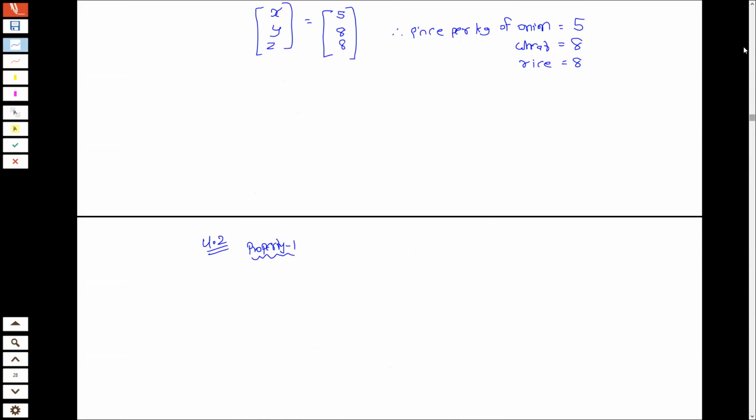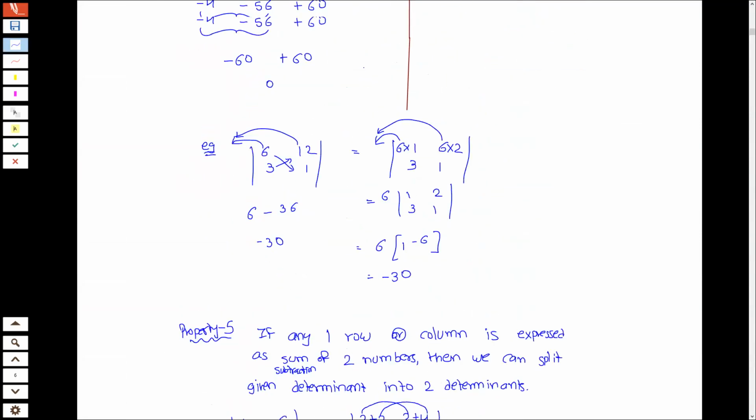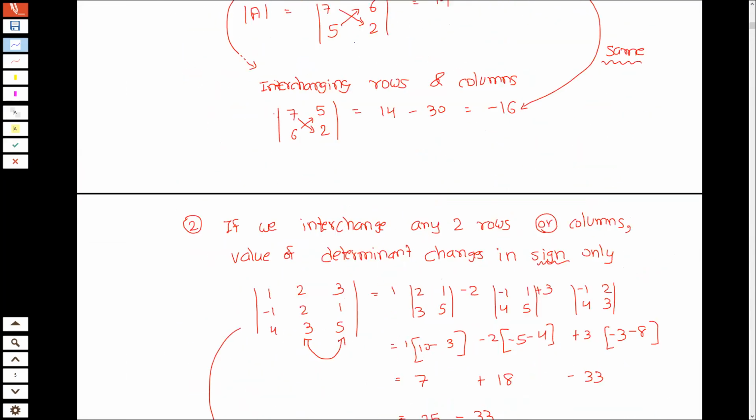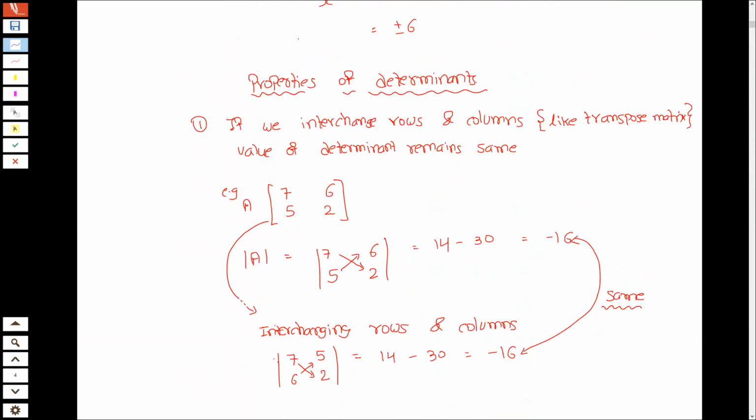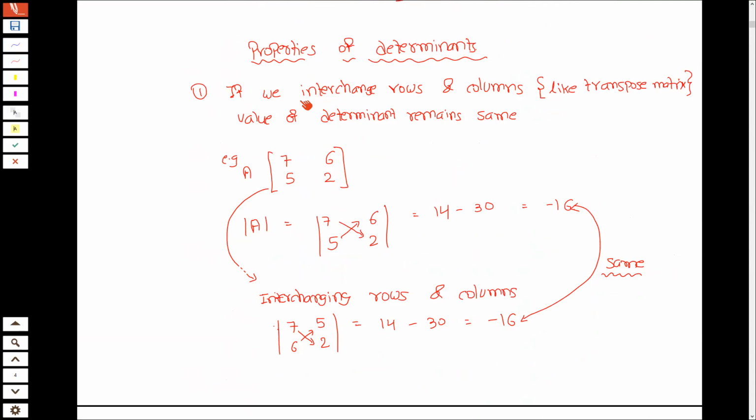So let us revise the properties and then we will solve these questions. Properties of determinants. Property number 1: if we interchange rows and columns, then the value of the determinant remains the same. Means if you take the transpose of the determinant, the value also remains the same. So this is very easy.